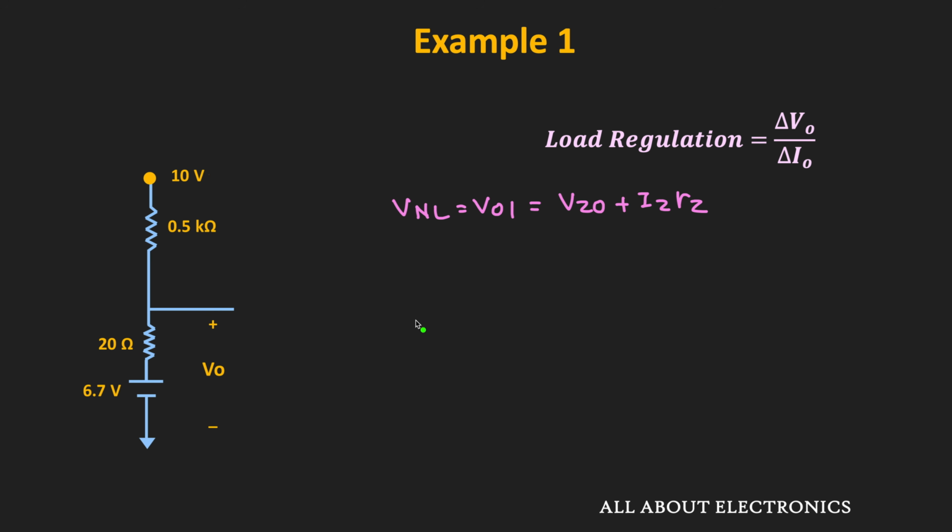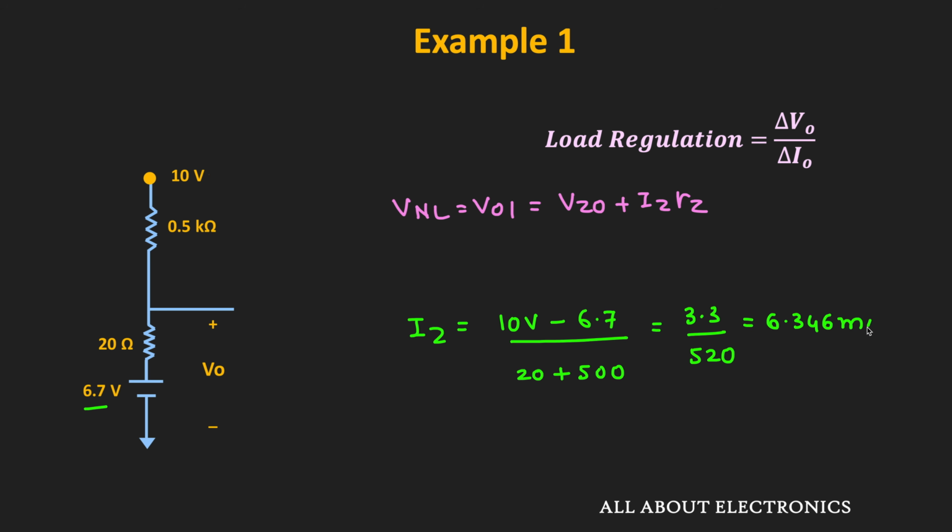So this Iz can be given as 10 volt minus 6.7 volt divided by 20 ohm plus 0.5 kilo ohm, that is 500 ohm. That is equal to 3.3 volt divided by 520 ohm, and that is equal to 6.346 milliampere.